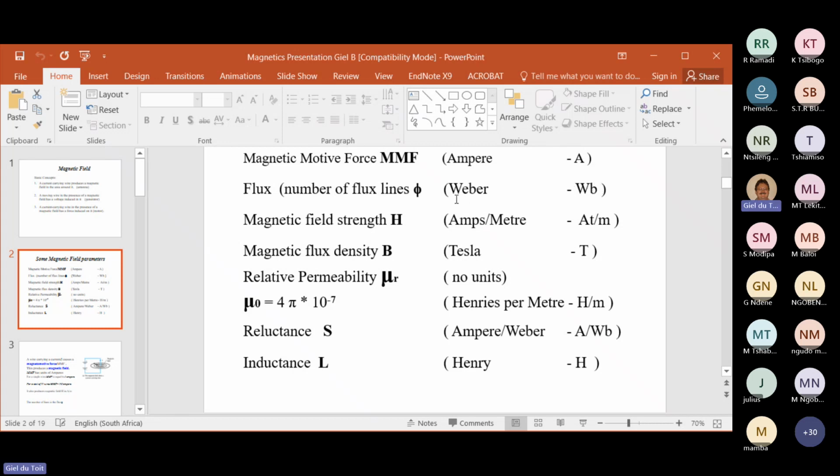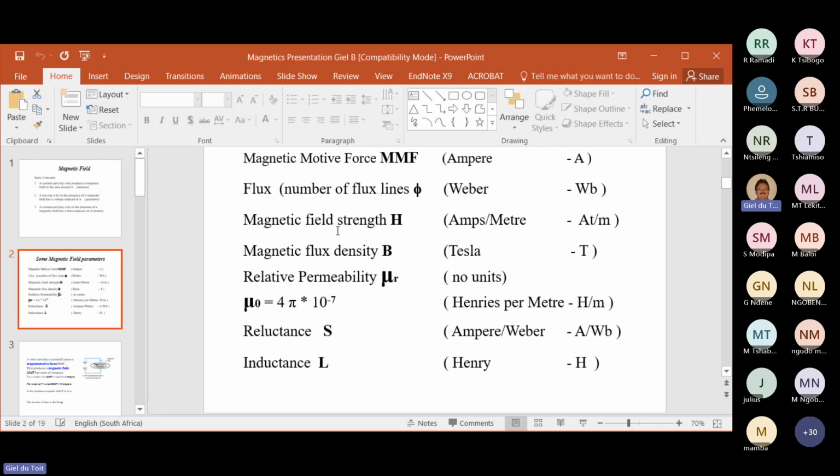So it's usually milliweber. Usually the flux in an electromagnet is about 3 to 5 milliweber. The magnetic field strength, H, is how strong the magnetic field of that inductor is. So we measure that in ampere turns per meter.